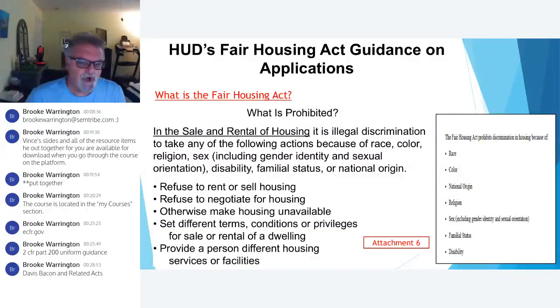Set different terms. Again, as a compliance director, I'm making the correlation here between these regulations and the uniform guidance that I was talking about a moment ago. There is a direct relationship. Again, I can't help but go back to the 2 CFR Part 200, the uniform guidance.